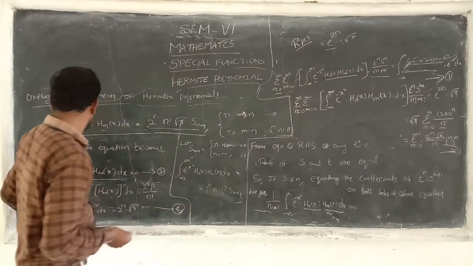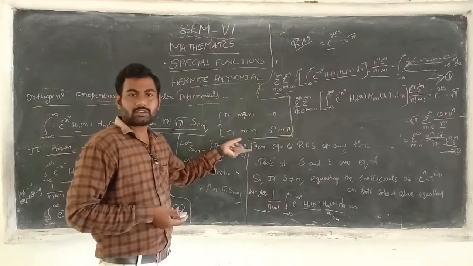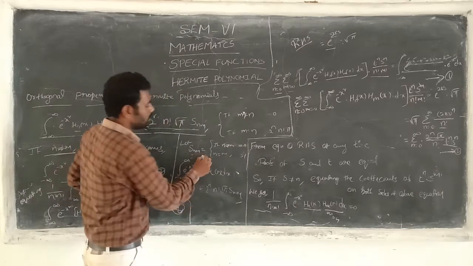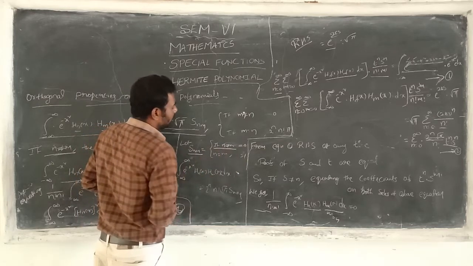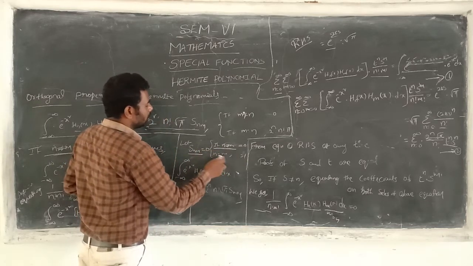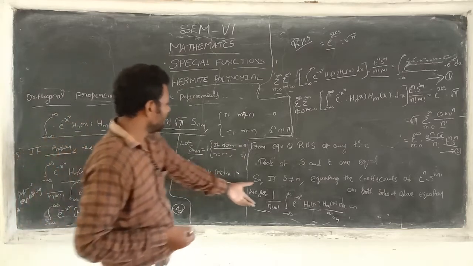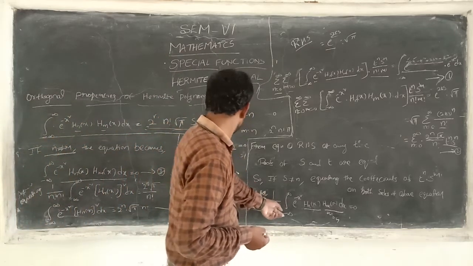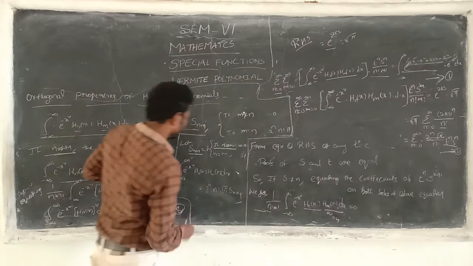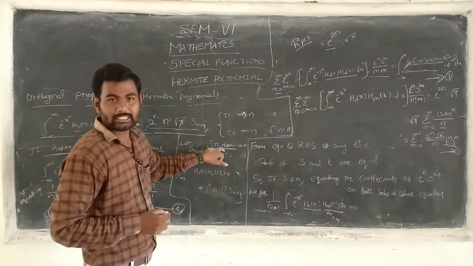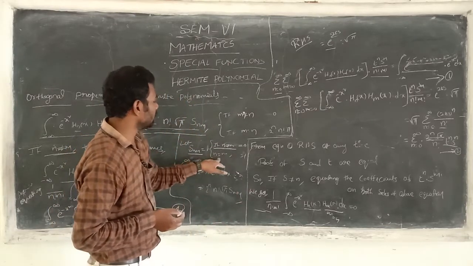Next, let δnm equal 0 if n is not equal to m, and δnm equal 1 if n is equal to m.